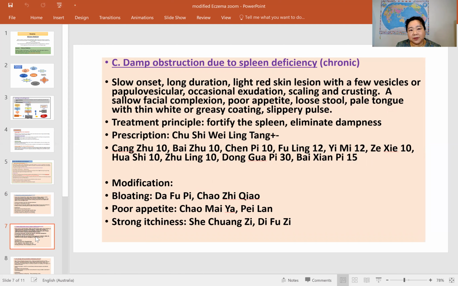Now, the next type is damp obstruction due to spleen deficiency. This is more commonly seen at the chronic stage.